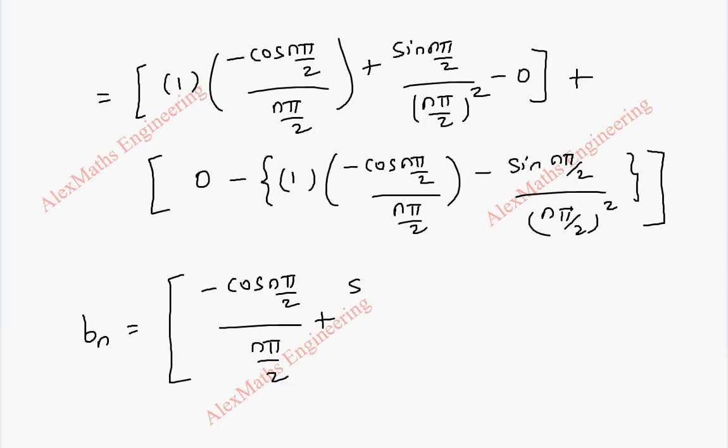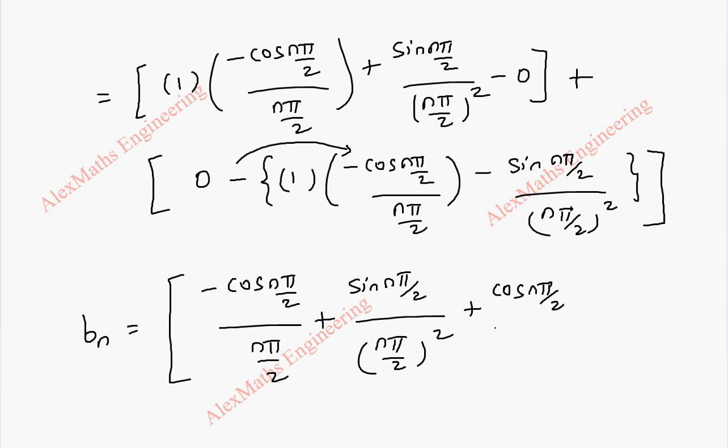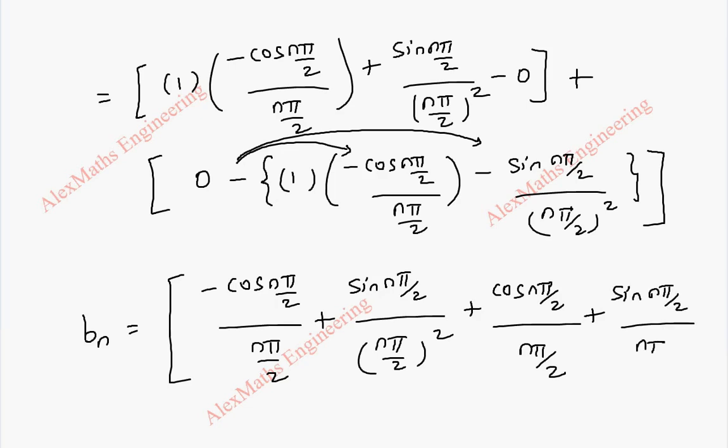Second term is sin(n pi / 2) by (n pi by 2) whole square. Third term, we take this minus inside, it becomes plus cos(n pi / 2) by n pi by 2. Then if I take this minus sign here, it becomes plus sin(n pi / 2) by (n pi by 2) whole square. After this, we can cancel these two terms because they are the same term with opposite signs.